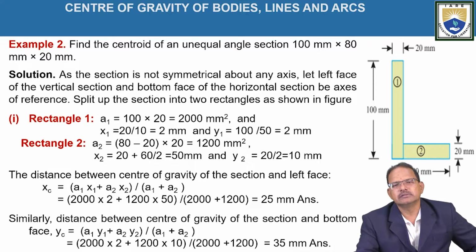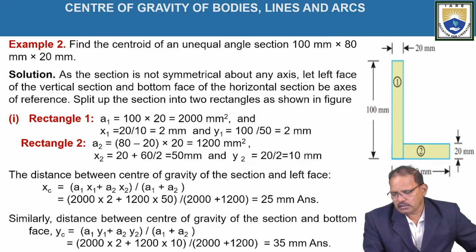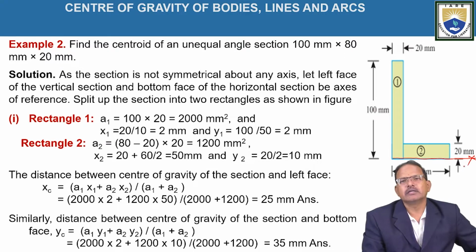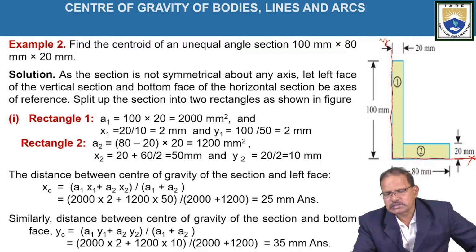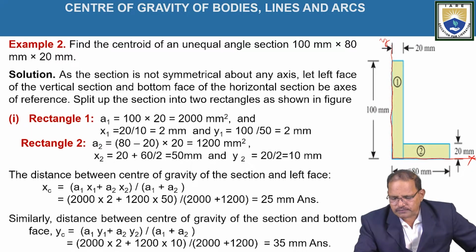Hence, in this case, the horizontal line passing through the bottom of the figure is taken as the x-axis, and the extreme left line is treated as the y-axis. These are called reference axes. We have to locate the position of the centroid with respect to them.